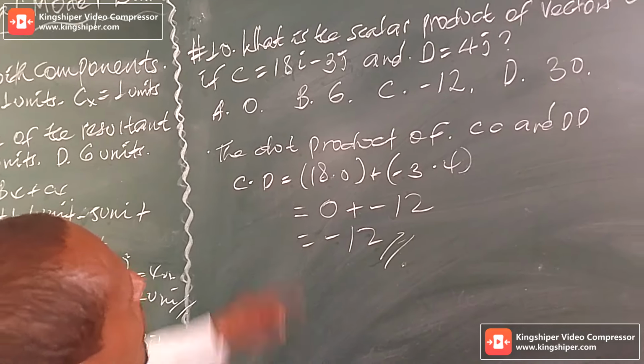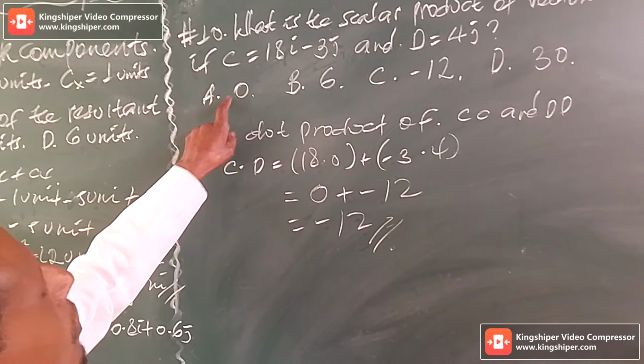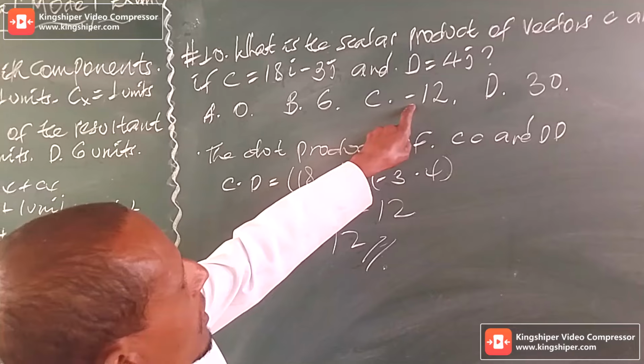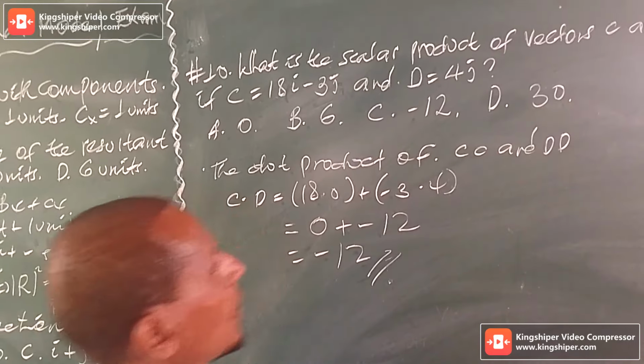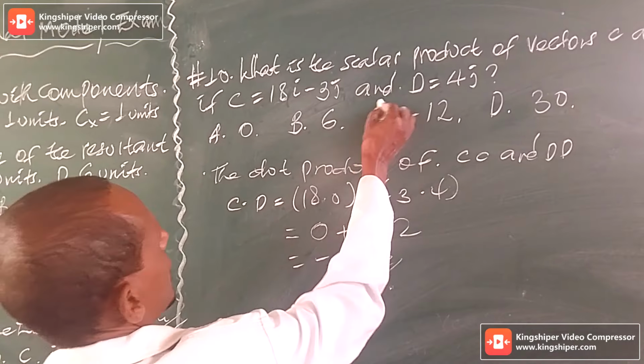So when you come to the given alternatives, choice A 0, choice B 6, choice C minus 12, choice D 13. So the correct answer is C.